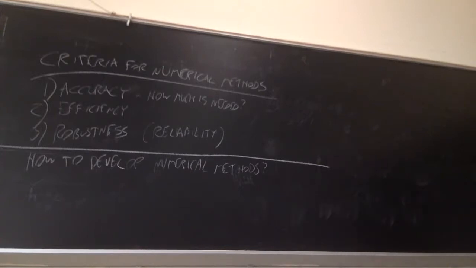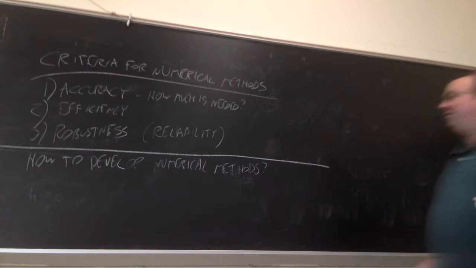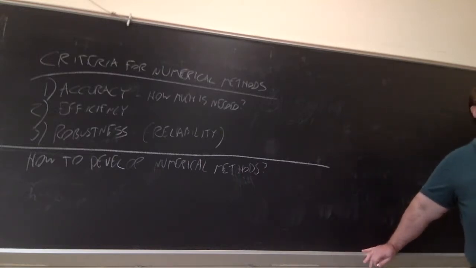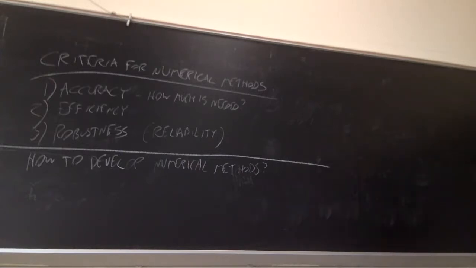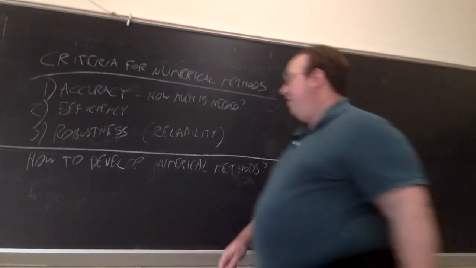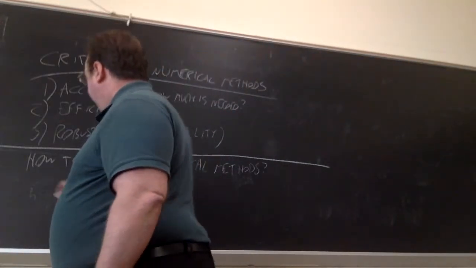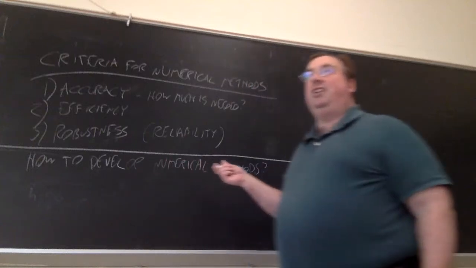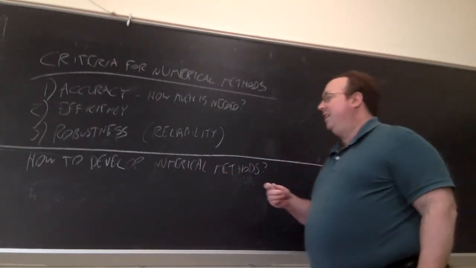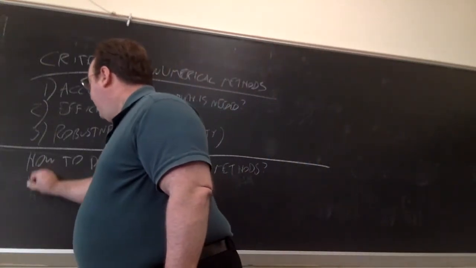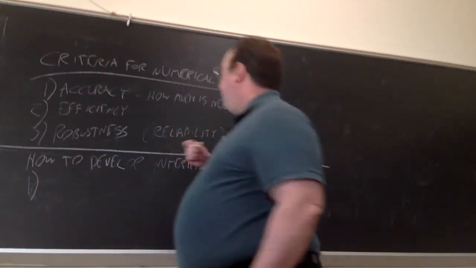Because numerical analysis actually predates the invention of computers. For hundreds of years, mathematicians have been trying to find approximate solutions to problems that they could not get exact answers to by hand, even though they were doing everything by hand back then. It's just that once computers were invented, things began to really take off in terms of innovations. And my own advisor, Gene Golub from Stanford, played a very large role in that back in the 60s and 70s. So how to develop numerical methods?